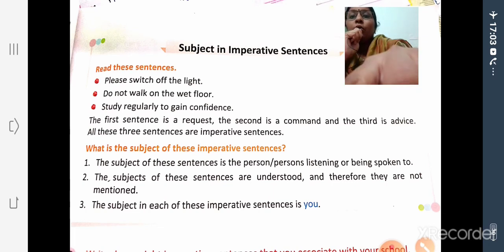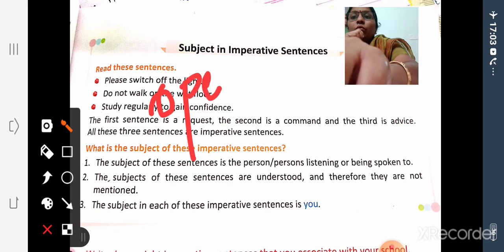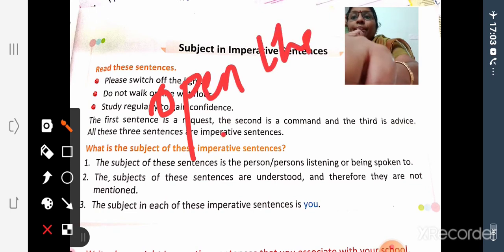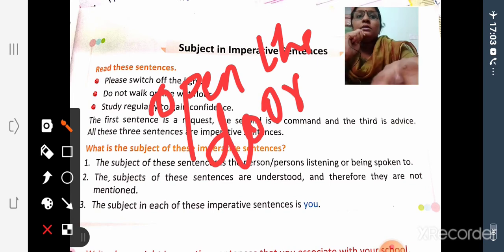Look at all these sentences. Is there any subject here? Please switch off the light, or open the door. This is an imperative sentence. We can see in these sentences there is no direct subject mentioned, but the subject is implied or understood. Implied means it is understood.